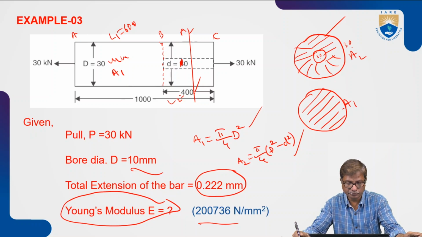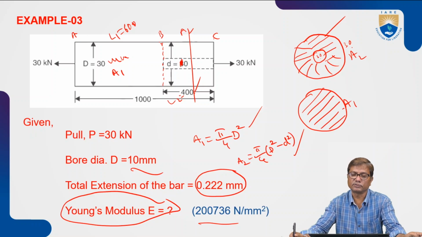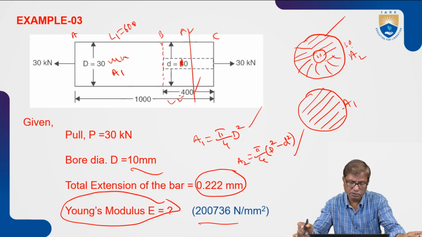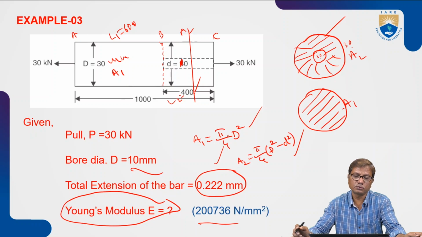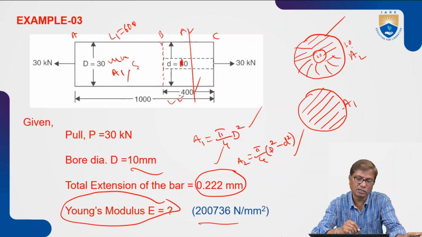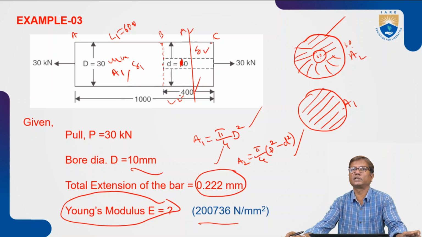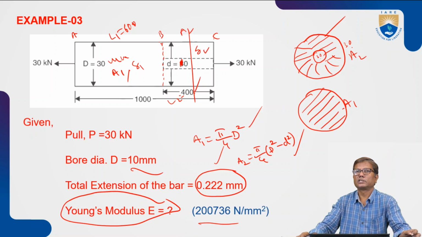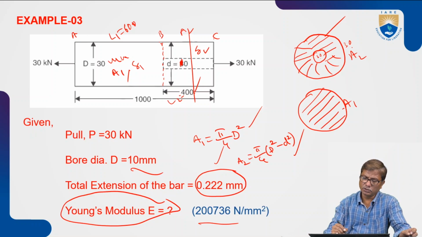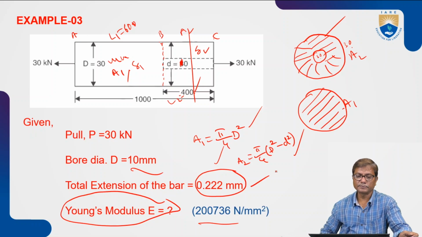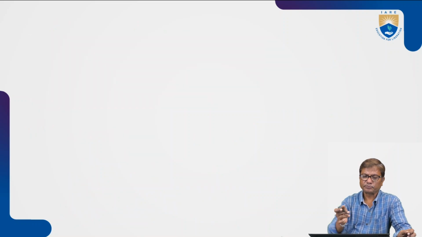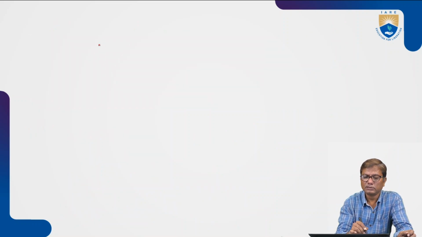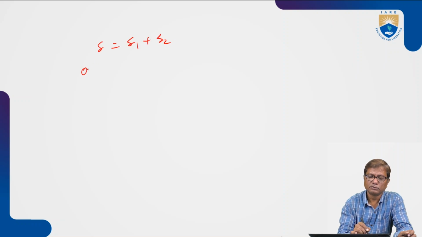Material is same here. So we have to find the Young's modulus of that material. Total extension is given as 0.222. So we find the elongations of portions AB and BC, delta 1 and delta 2, and the sum of these two is delta, which is 0.222.